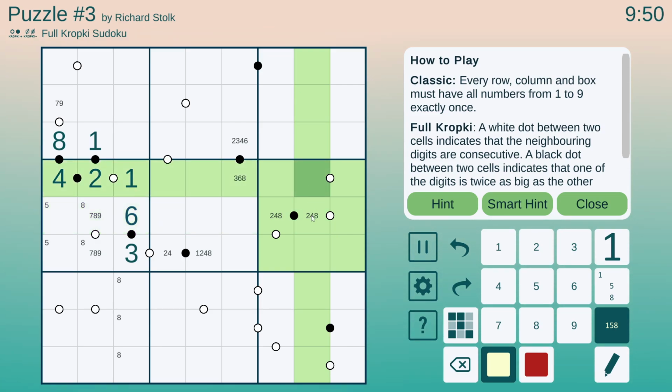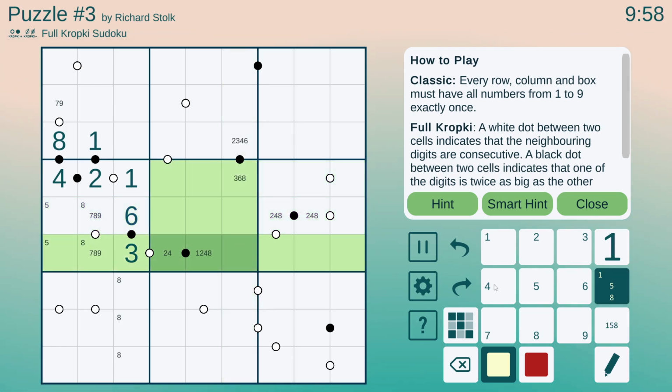If this was a 2... Well, first off, now there's definitely a 4 in here, so there's definitely a 4 in these cells. Which is probably useful in some way, although I'm not sure how yet.